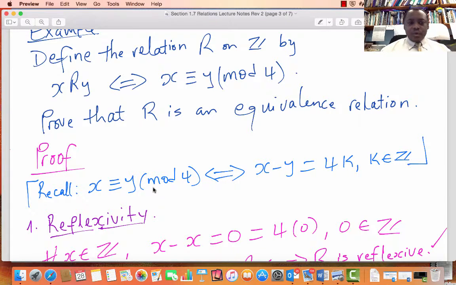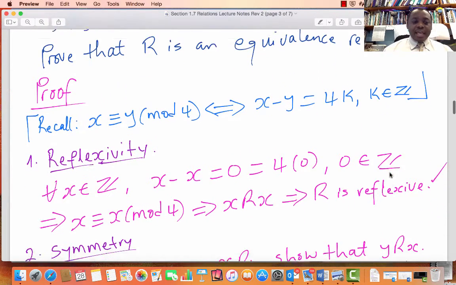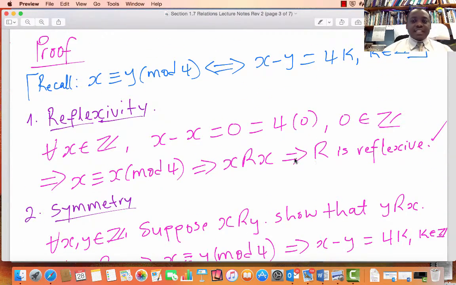Proof. Very quickly, recall that x is congruent to y mod 4 if and only if x minus y equals 4k, where k is an integer. So let us verify reflexivity. Again, I want to prove that x is related to x.